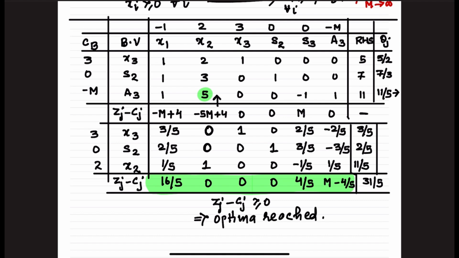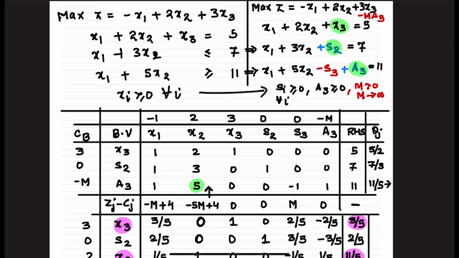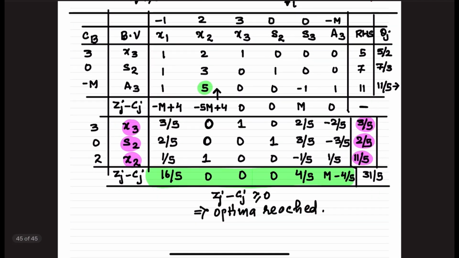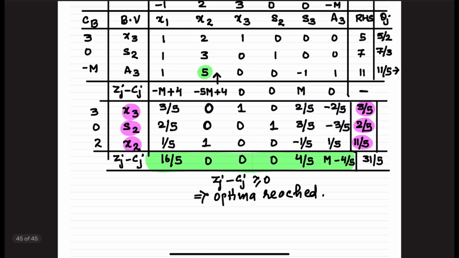And what is the point of optima? The point of optima is x3 is 3 by 5, x2 is 11 by 5, S2 was what? S2 was the slack in the second. S2 is 2 by 5. What is x1? See, x1 is not found here in the basic variable column. This implies x1 is non-basic. So the value at the optima is x1 is 0, since it is non-basic.